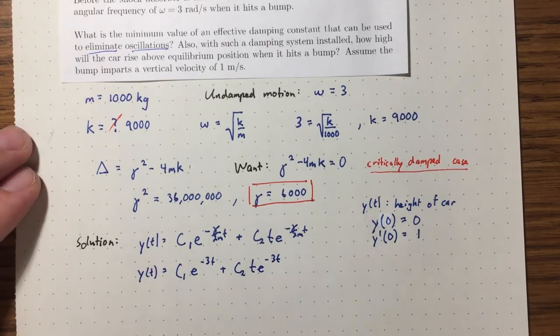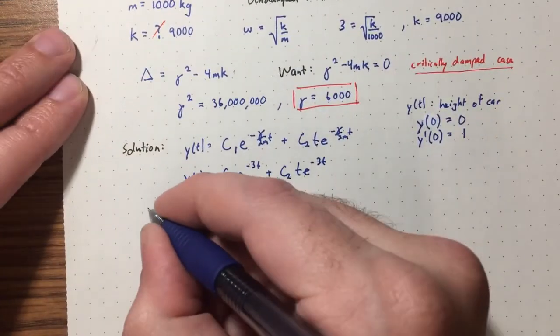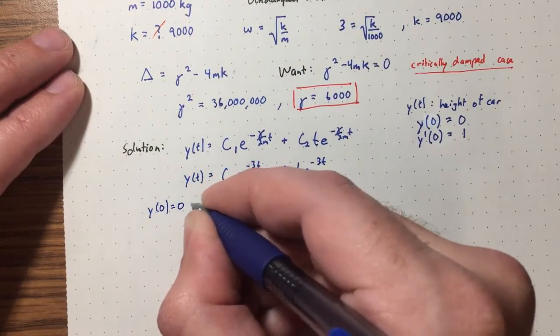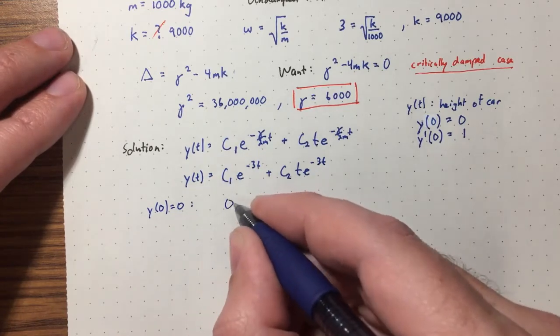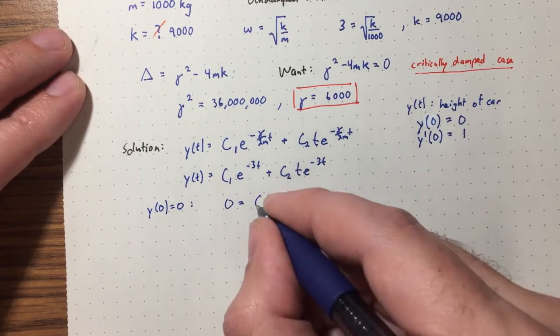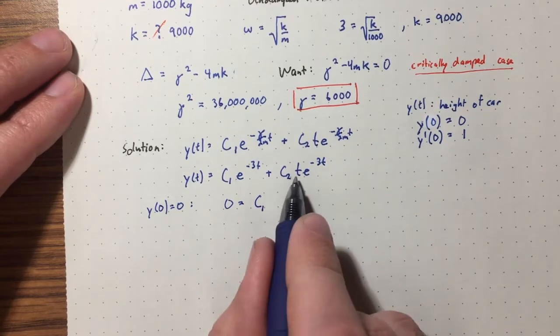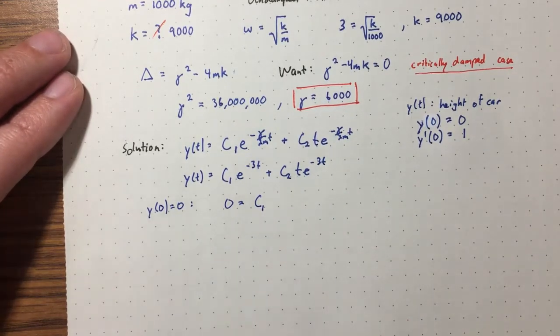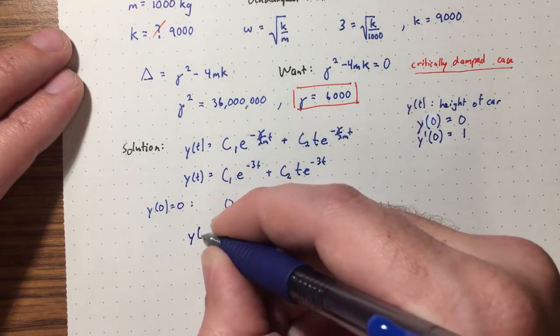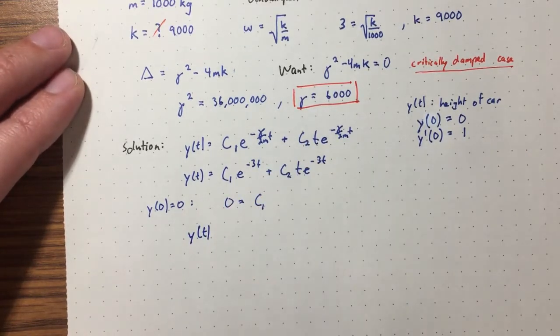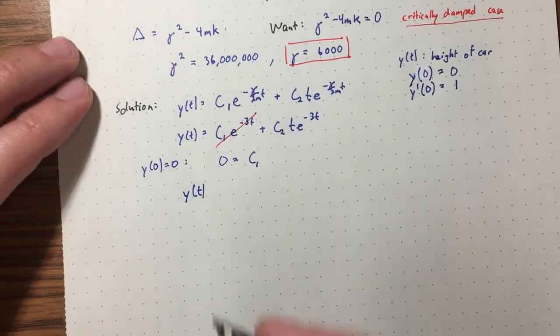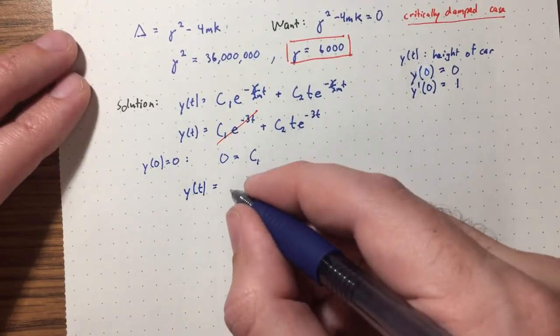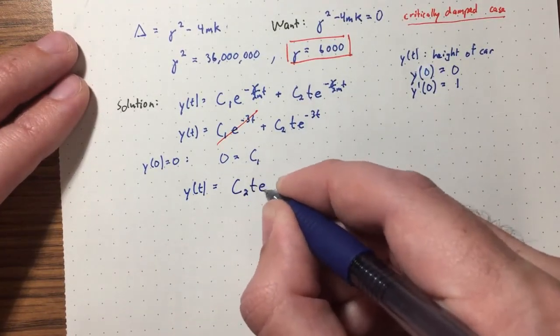Let's use our first initial condition here. What does that tell us? It tells us that 0 equals c1 plus this term is going to be 0 because we're substituting in 0 for t. So c1 is 0. That's kind of interesting. That whole term just goes away. So let's update y of t. It's actually just c2 t e to the negative 3t.